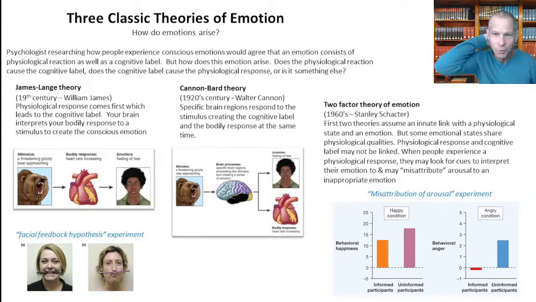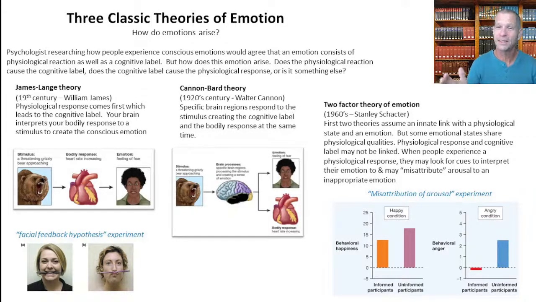A chill will run up your spine. You'll feel these physiological effects, these physical effects. And then at the same time, you're going to be having scary thoughts, right? So if you think about it, every emotion contains a set of thoughts or cognitions, if you will, and a physiological response.